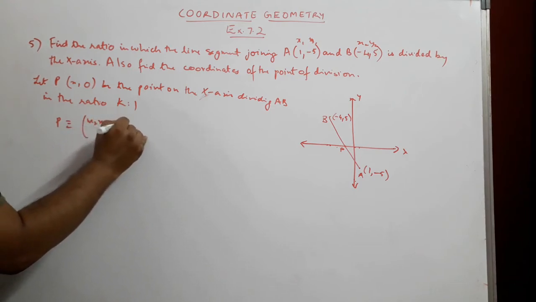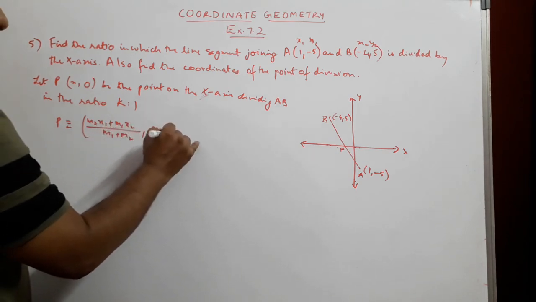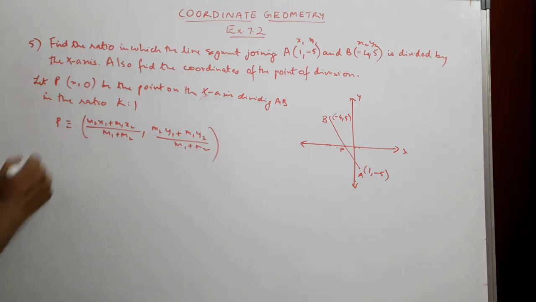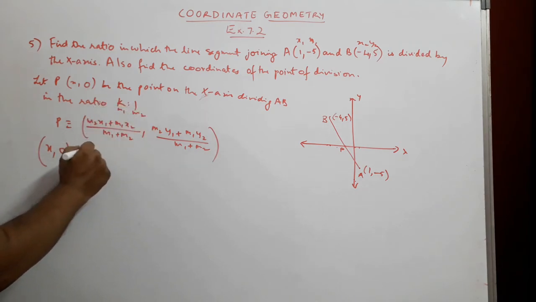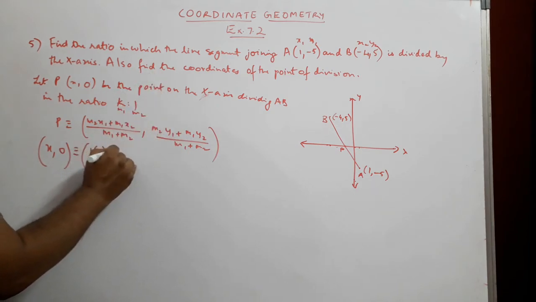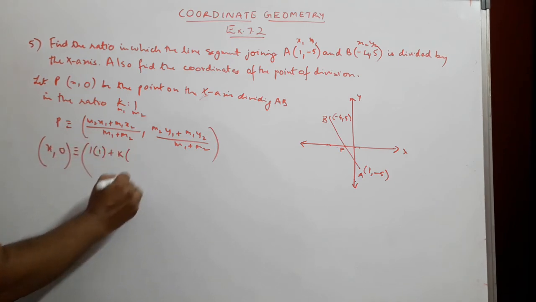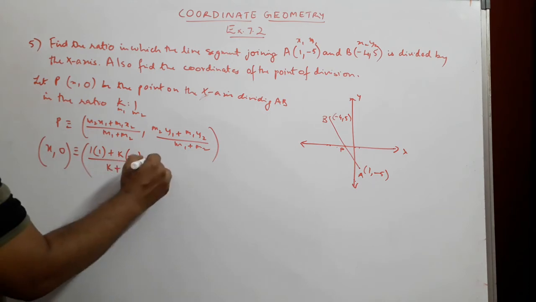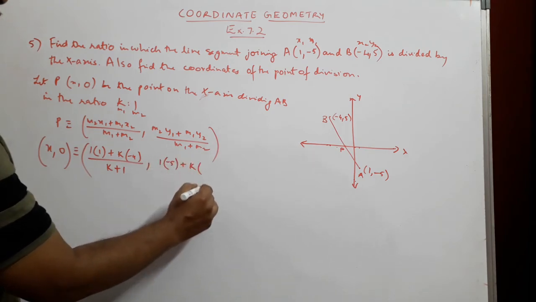The section formula is ((m2 x1 + m1 x2)/(m1 + m2), (m2 y1 + m1 y2)/(m1 + m2)). The coordinates of P we don't know, so we'll put it as (x, 0). Here m1 is k and m2 is 1, x1 is 1, x2 is -4, y1 is -5 and y2 is 5.